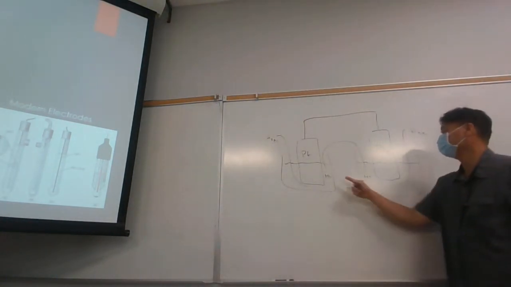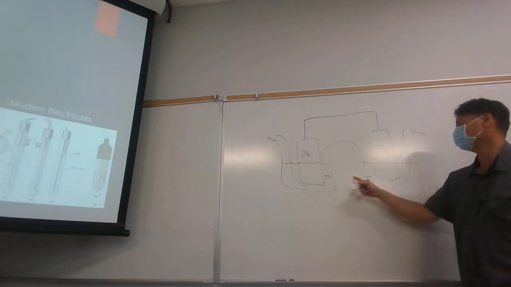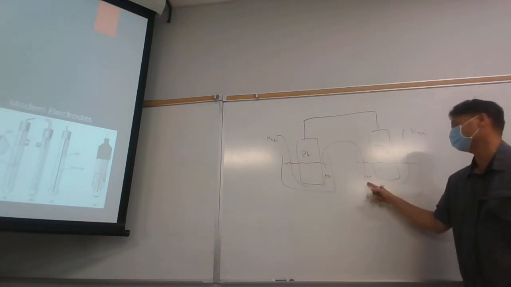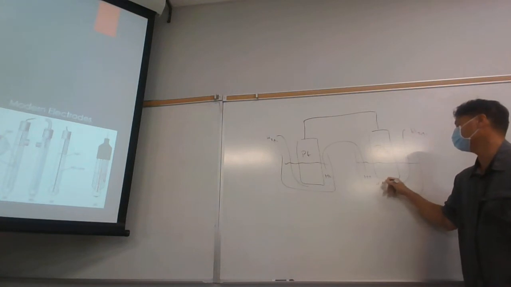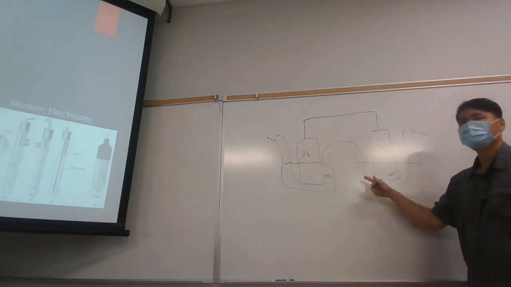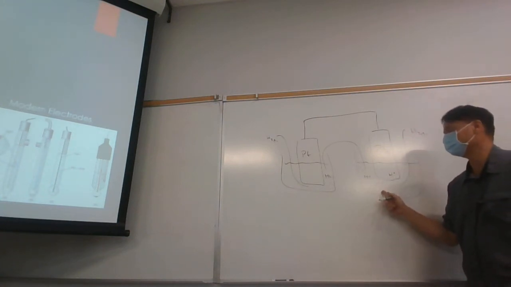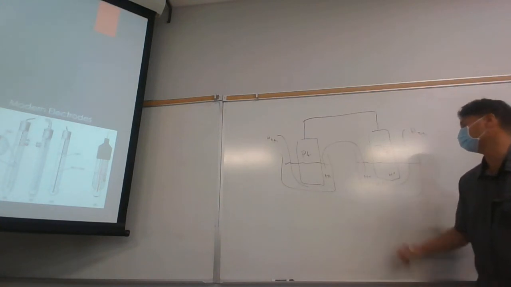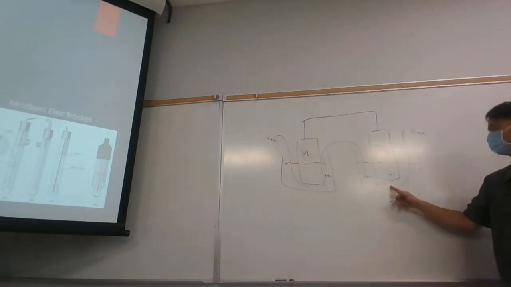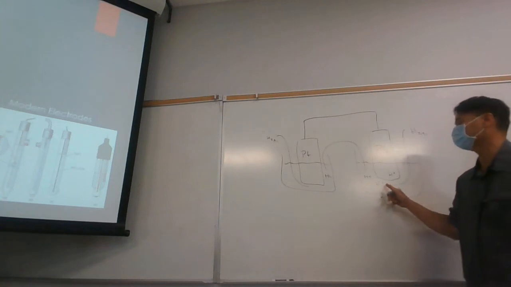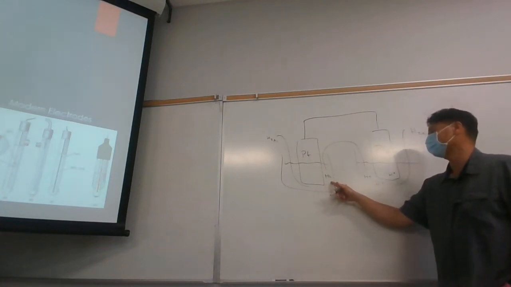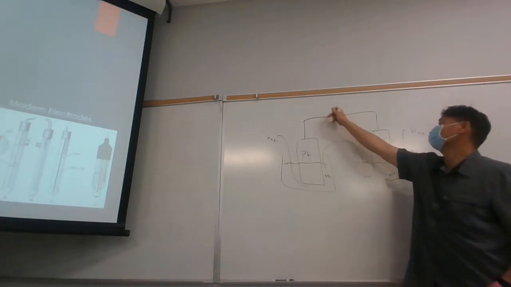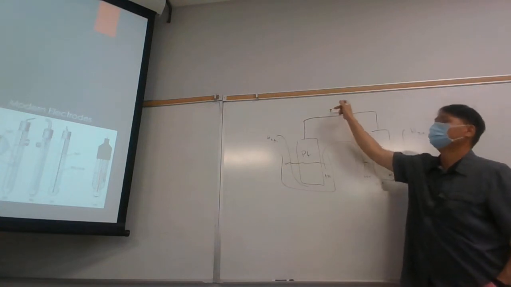And so over here, there's going to be no flow, because it's a tug of war, H plus versus H plus. But if we have more H pluses on this side, then the right side's going to win the tug of war. And so what we do is we make this side more concentrated, the cathode side, and on the anode side, we make it less concentrated. And so the electrons are going to flow left to right.